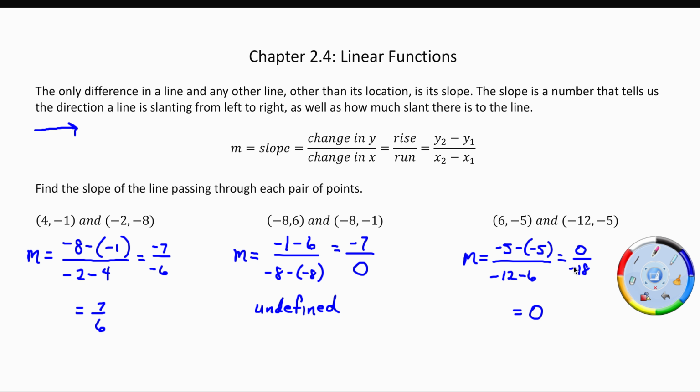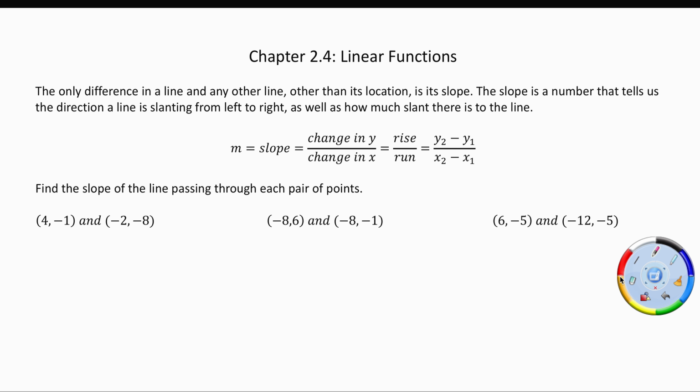It can be simplified further, just like I don't want to leave negative 7 over negative 6 or 3 over 6. So that is 0, which I need to know represents the graph of a horizontal line and the equation y equals negative 5. So if these things weren't just very familiar to you, you may need to, on your own time, review information about linear functions.